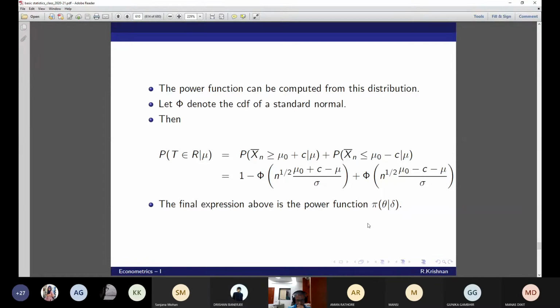We are just standardizing, right? And what does that 1 minus phi tell you? That is for the greater than part. But first, how do you standardize this? X bar minus the mean divided by sigma over root n, and then that becomes a standard normal variable. Oh, okay, the root n.